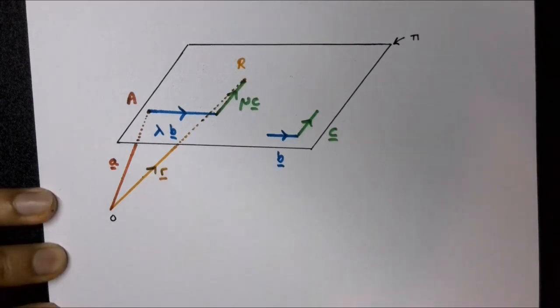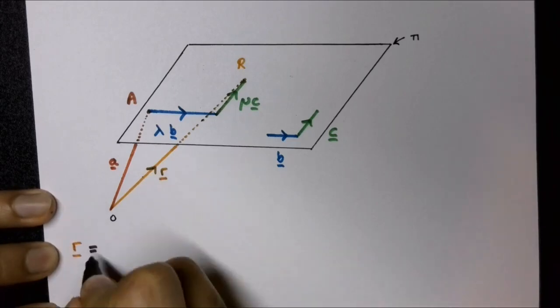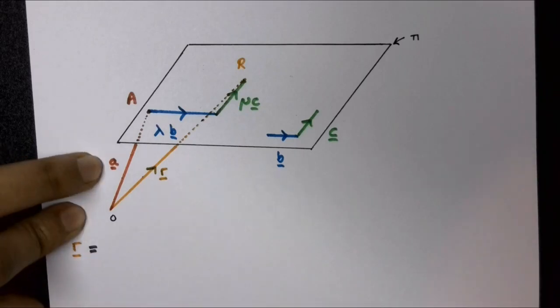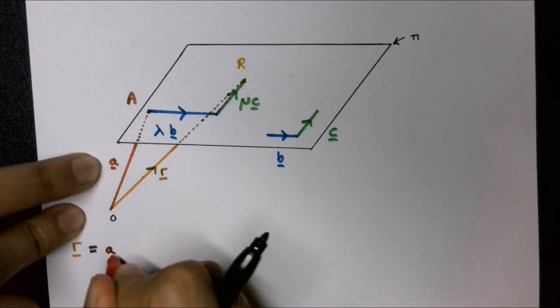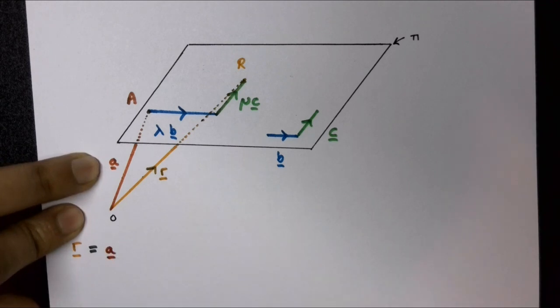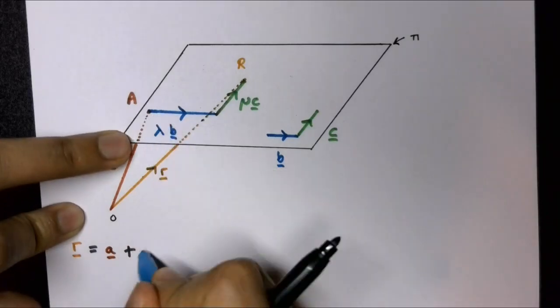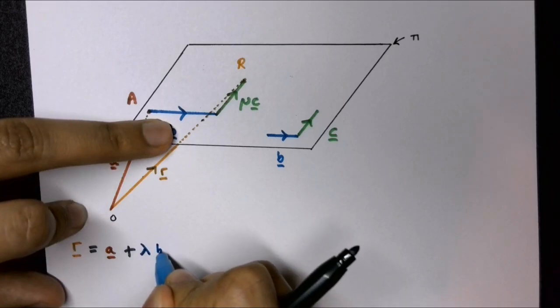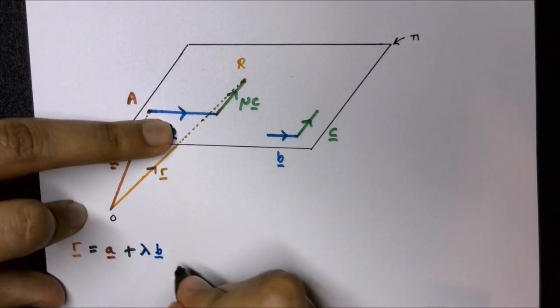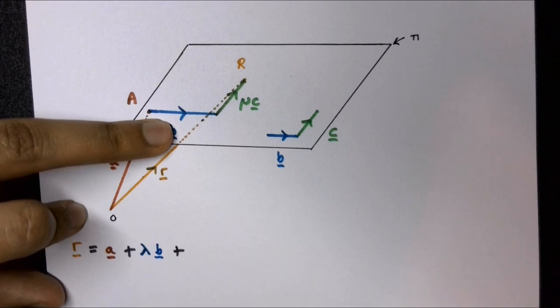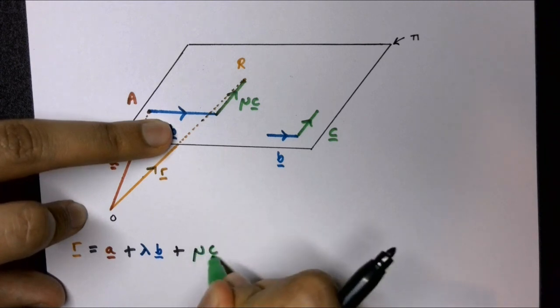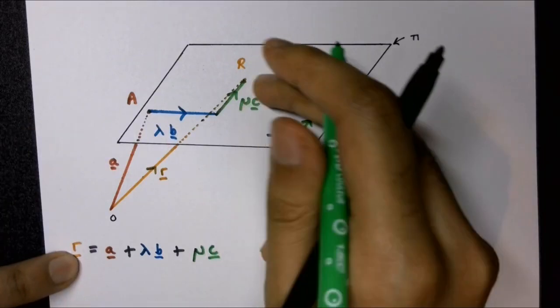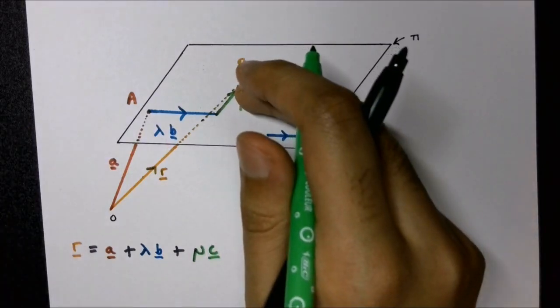The position vector of R, this is equal to going to A, so we add on A over here, and then we add on some multiple of B, and then we add on some multiple of C. This takes us up to this general point R over here.